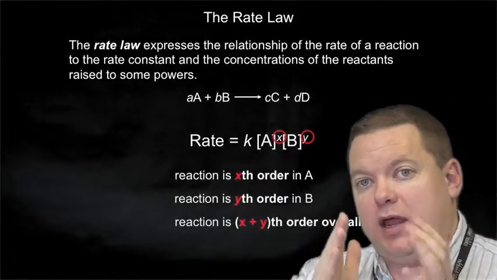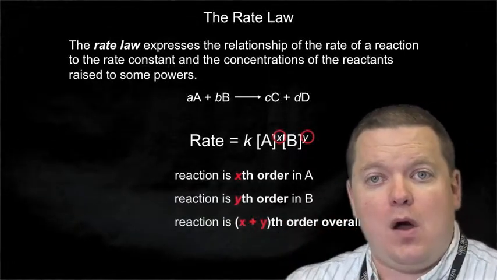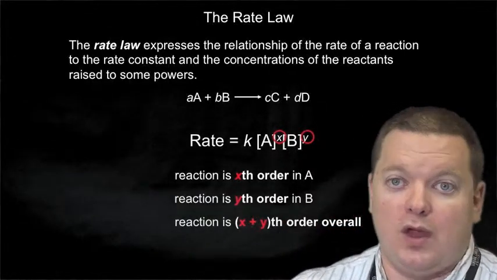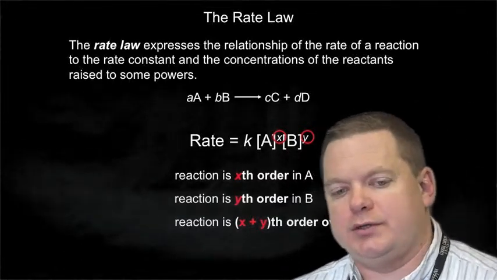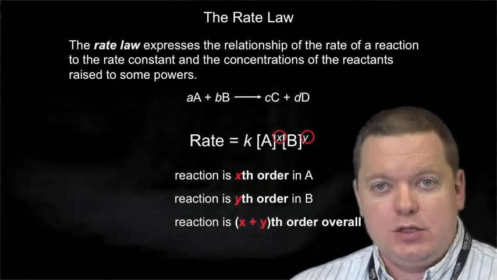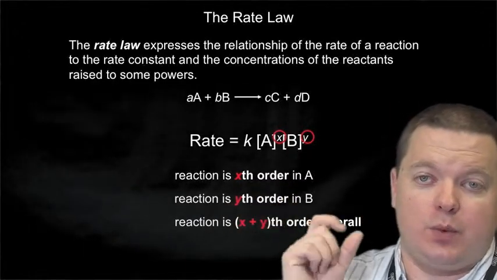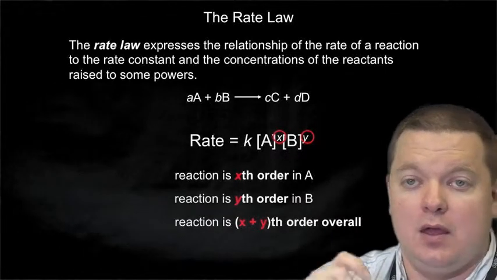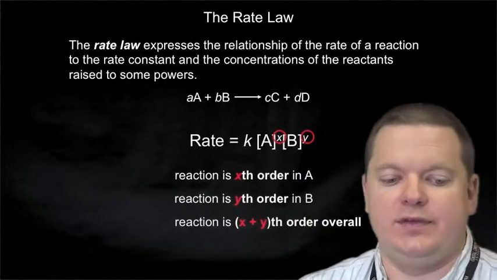So we can talk about each individual reactant having a certain order, or the overall reaction having an order, where the overall order is the sum of those individual orders. So when we talk about the rate law, it's always going to have this form. The rate is equal to the rate constant, k, or some numerical value of that, times the reactants raised to some power.